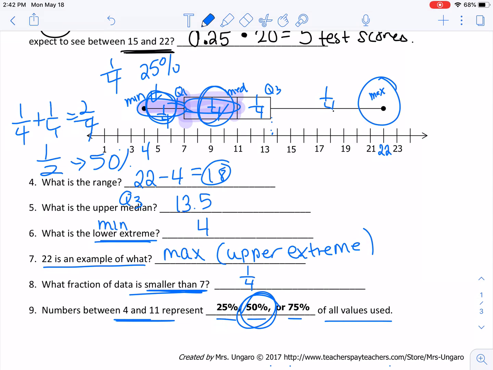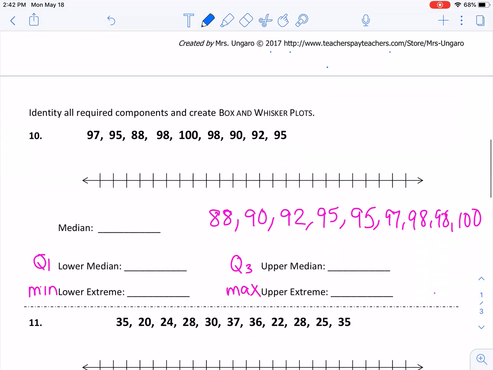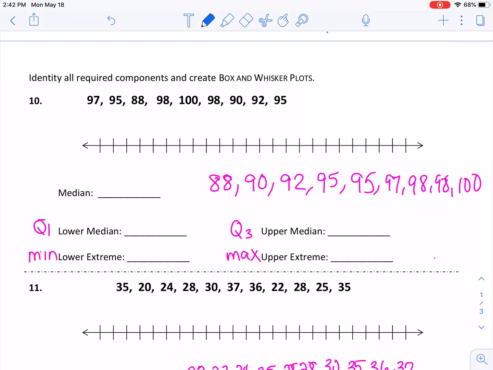All right, so moving on to actually creating the box and whisker plot. Take a look at number 10. Once again, like I said in my previous video, when you have a data set, I need you to rewrite it in order from least to greatest and then count how many pieces of data you have. So 1, 2, 3, 4, 5, 6, 7, 8, 9.